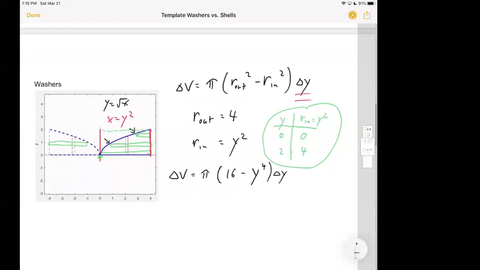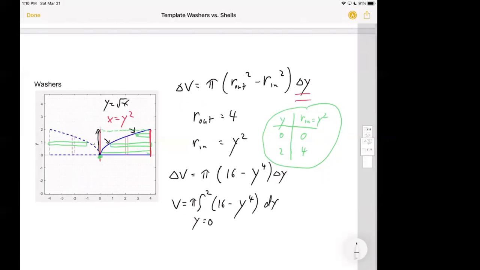I can turn this into a volume integral. Let's put the pi out in front. We're going to take the integral of 16 minus y to the 4th dy. Notice y is going to start at 0 and go from 0 up to 2. So it's not going to 4 anymore.